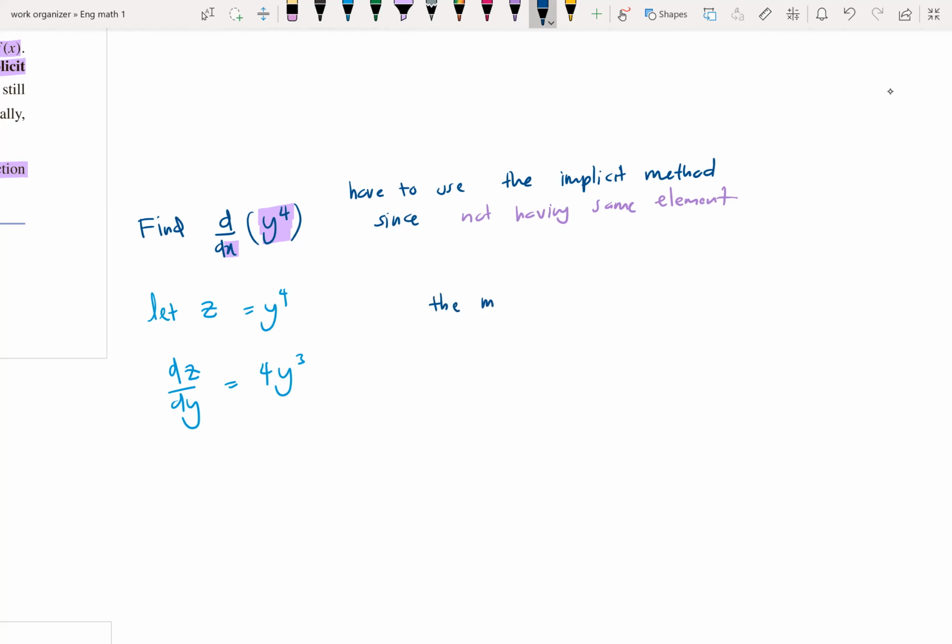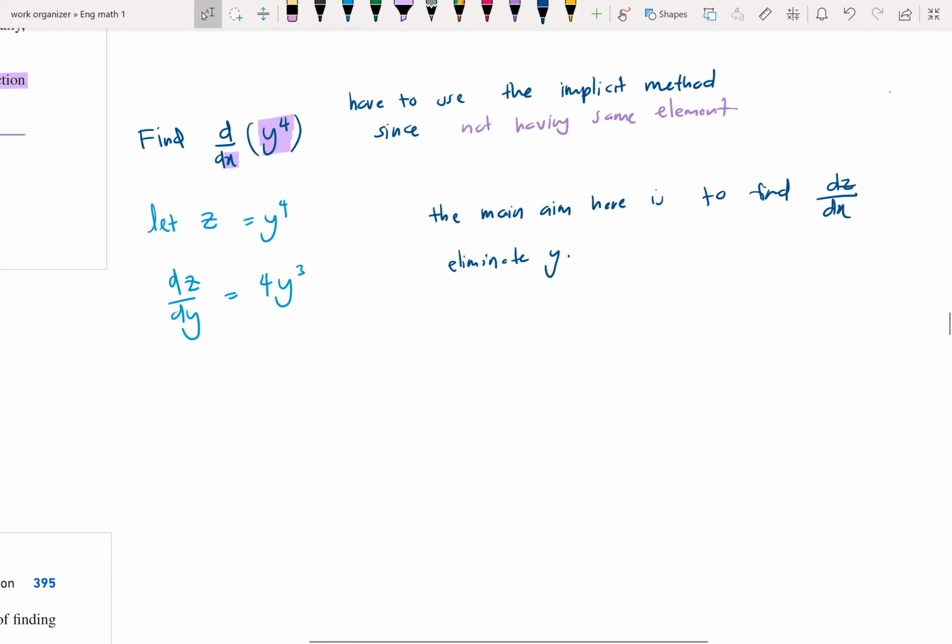The main aim here is to find dz over dx, so we are going to eliminate y. So we will have dz over dy multiplied with dy over dx.